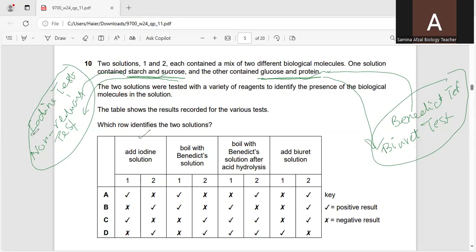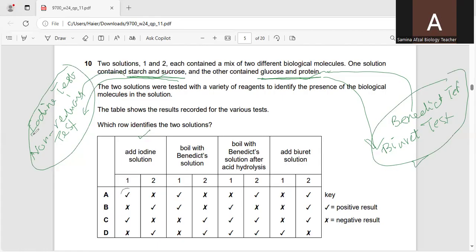Add iodine solution. Iodine is used to test for starch. So starch will give a positive result with iodine, whereas the Benedict test and Biuret test will give negative results.